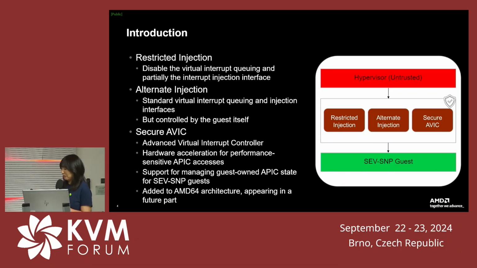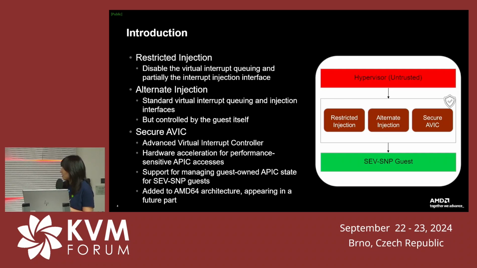So between the untrusted hypervisor and the SNP guest, there are three protection solutions: restricted injection, alternate injection, and secure APIC. Those are all hardware-supported features the SNP guest can use.